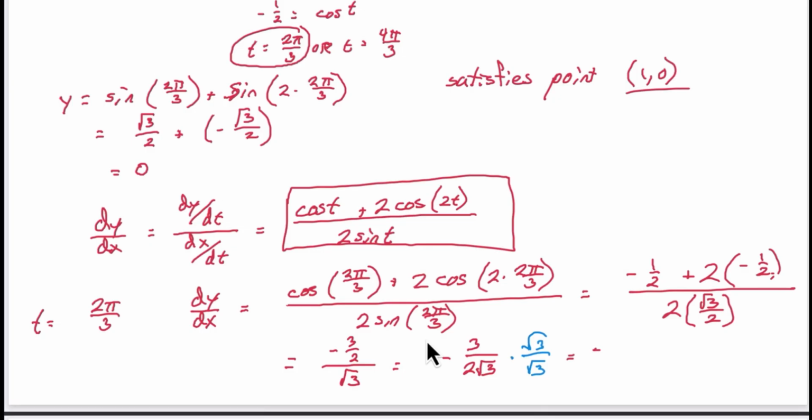We now get negative 3 root 3 divided by 2 times 3. The 3's will reduce, leaving us with negative root 3 over 2. So this is the derivative when t is equal to 2 pi thirds. Keep in mind that is the slope of the tangent line when t is, again, 2 pi thirds.